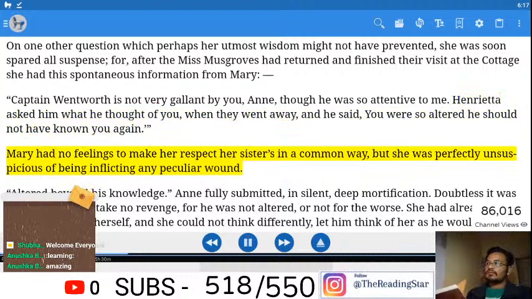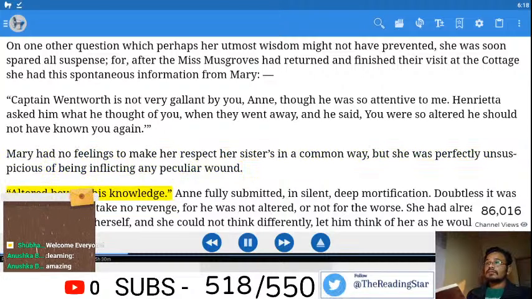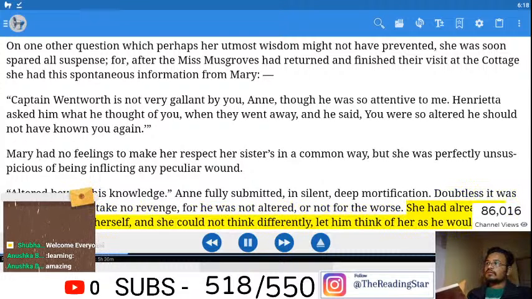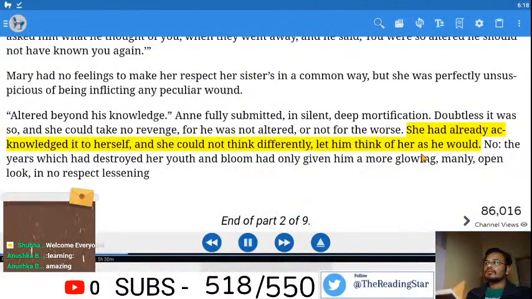Mary had no feelings to make her respect her sisters in a common way, but she was perfectly unsuspicious of inflicting any peculiar wound. Altered beyond his knowledge, Anne fully submitted, in silent, deep mortification. Doubtless it was so, and she could take no revenge, for he was not altered, or not for the worse. She had already acknowledged it to herself, and she could not think differently, let him think of her as he would.